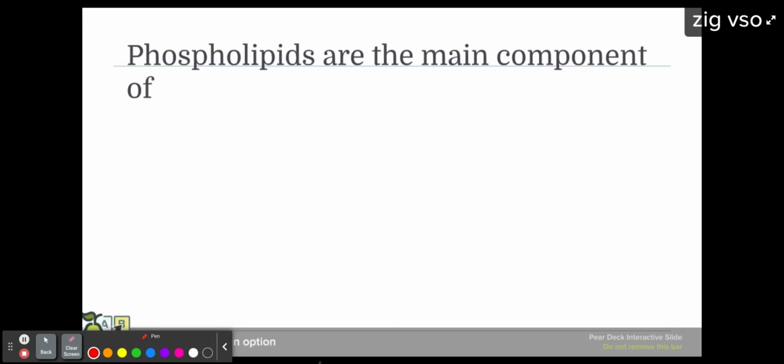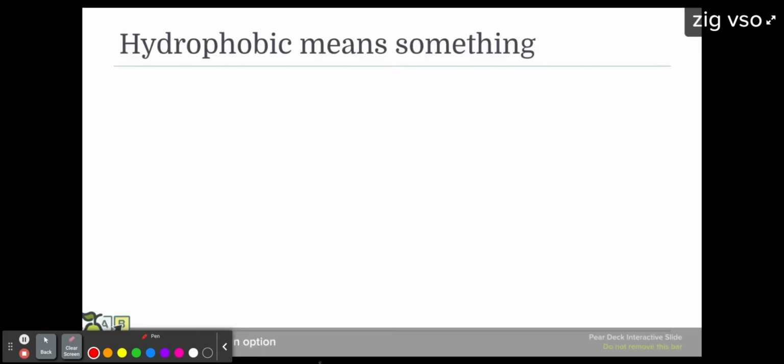So phospholipids are the main component of... Hydrophobic means something. Hydrophilic means something.